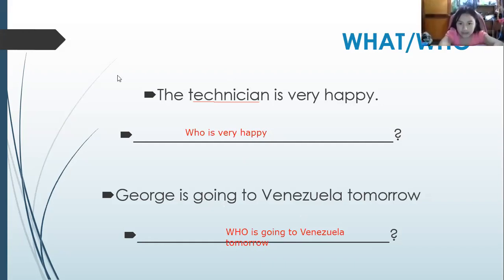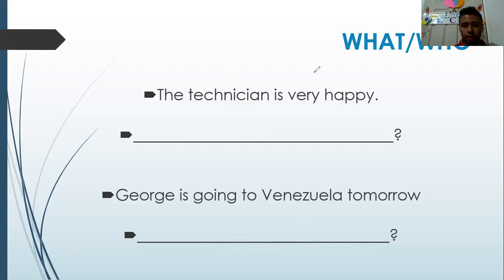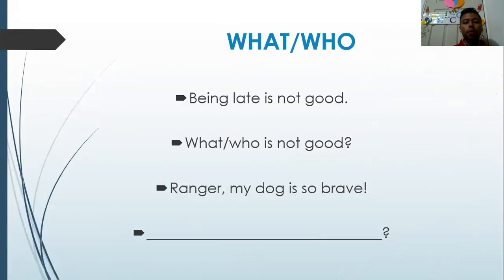Esther Palacios, help me please with the next one. Let me erase this. Wait, give me a moment. All right. Let's continue. What or who? We need to select this one.